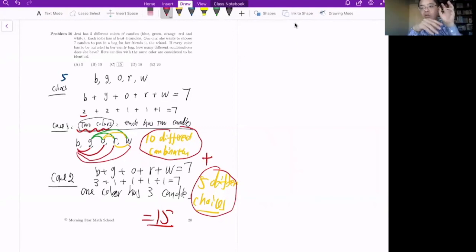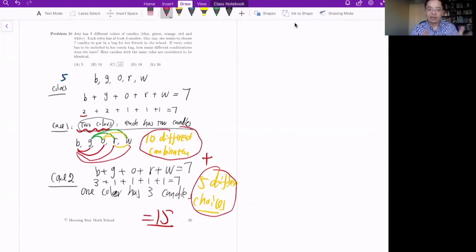Or I can choose 1 color, and that color has 3 candies, and all the others have 1 candy. For the first one, I choose 2 colors that each have 2 candies. I have 5 colors. How many ways can I choose 2 colors? That's what we did before. So it's 10 different combinations.